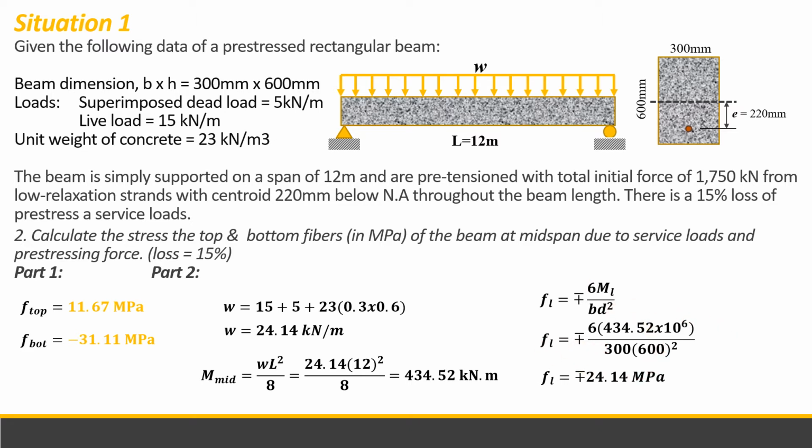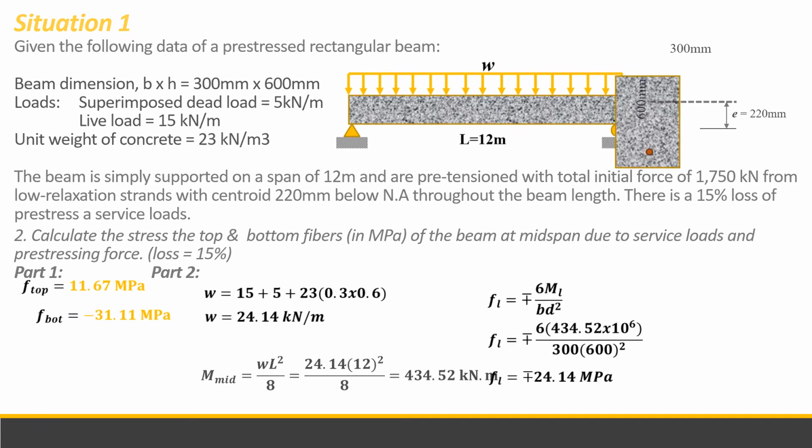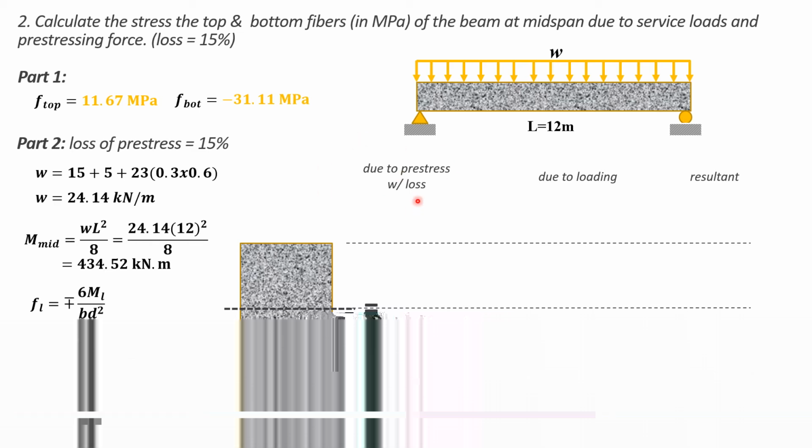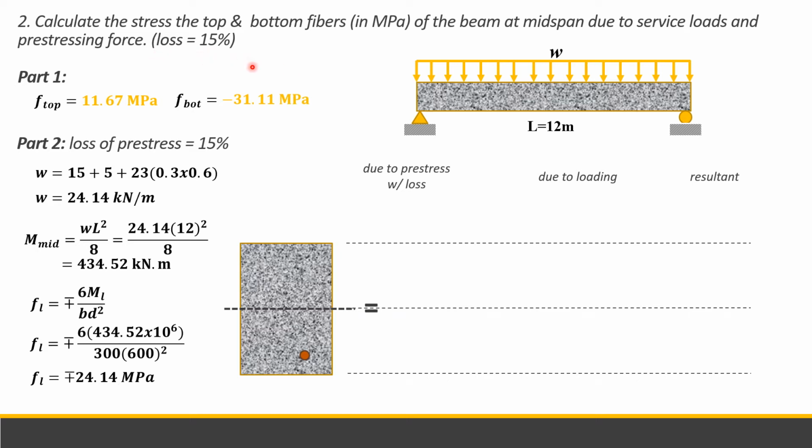So yun. So we will now combine these stresses. Okay, so first is due to pre-stress with loss na siya. So since we have to consider 15% loss at service load. So meaning pag initial pa lang na pre-stress, wala pang loss.